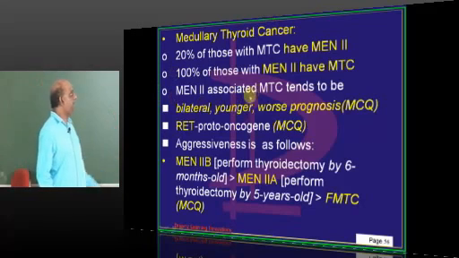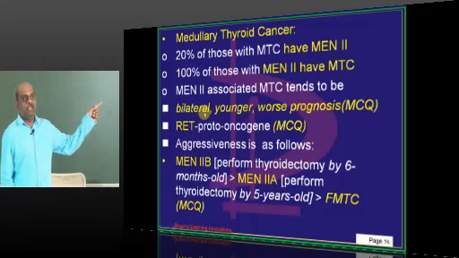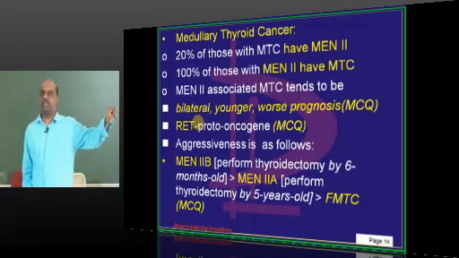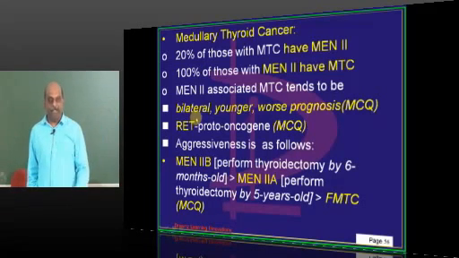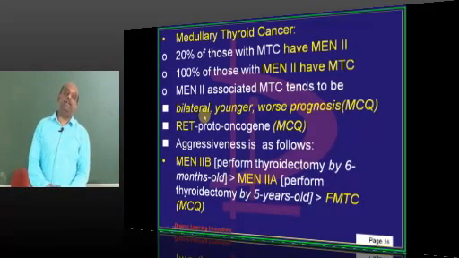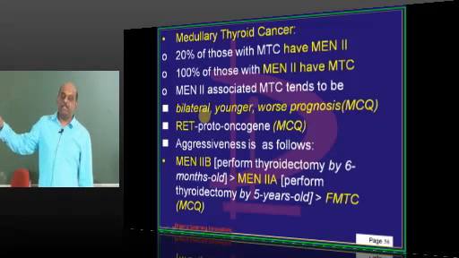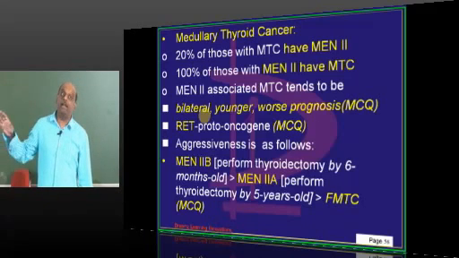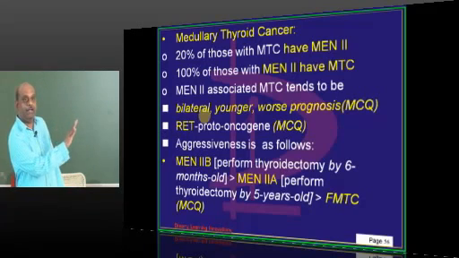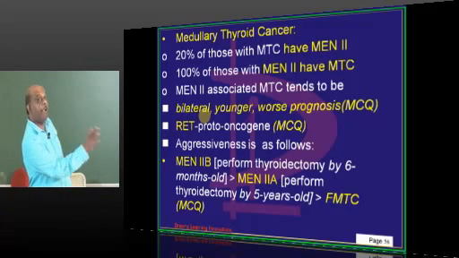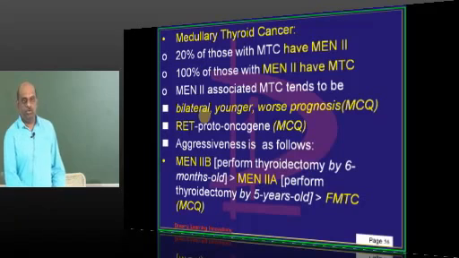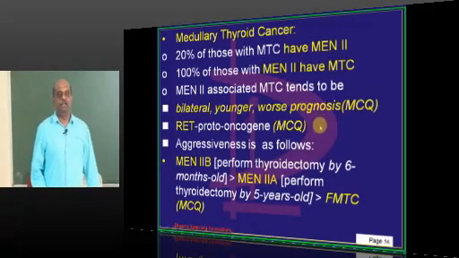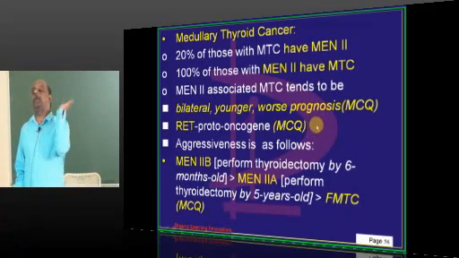Agreed? That's important. Then, if medullary thyroid carcinoma is a part and parcel of a bigger plot called MEN 2, how is it different from the MTC which is due to FMTC, or MTC because of MEN 1, or MTC which is sporadic? If it is a part of MEN 2, it is more bilateral, comes in younger people, and will typically have a worse prognosis.